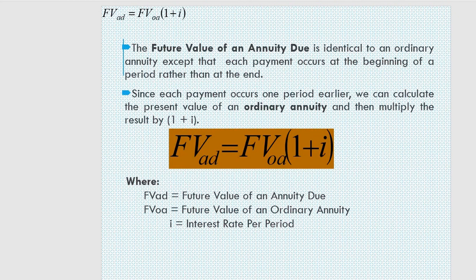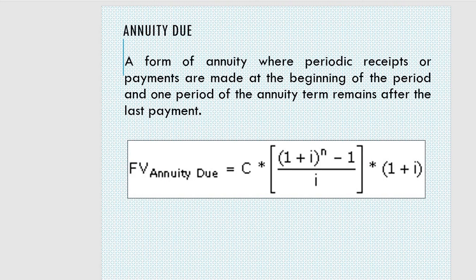Okay. So the future value of an annuity due is equal to the future value of an ordinary annuity multiplied by 1 plus I. Check that formula there. You would see that an annuity due is the cash flow multiplied by this formula.